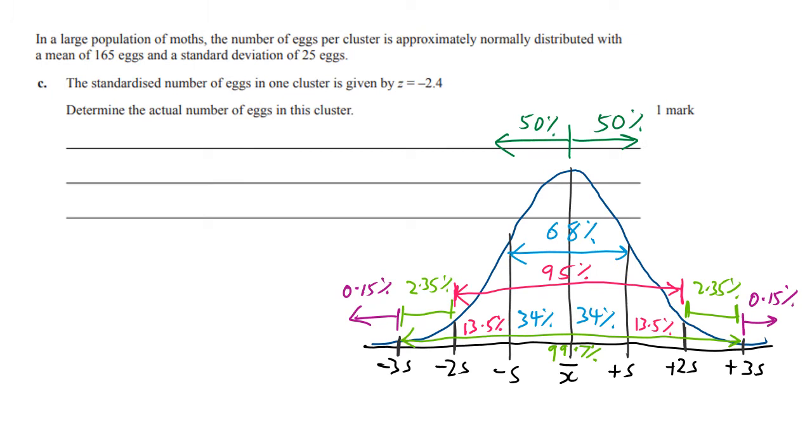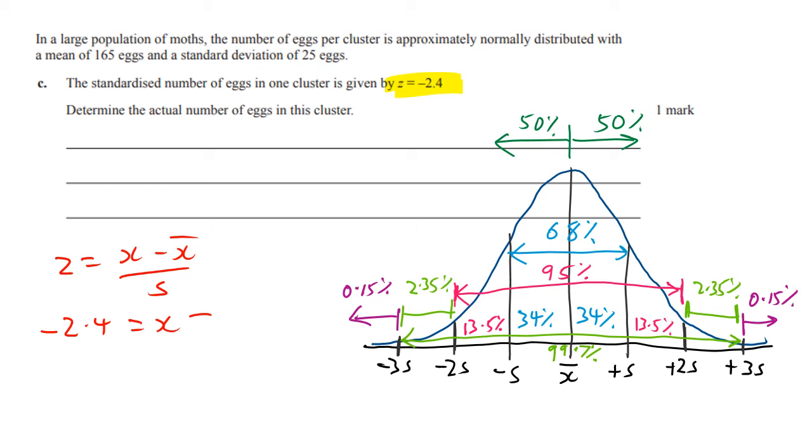Okay, so this question, we're probably going to need to use our old formula here of z equals x minus x bar over s. Don't often get to use this fella. So this one you have to put in minus 2.4. Why? Because that's our z over here. And we know then that that equals x, the mystery number we want. Where's our mean?